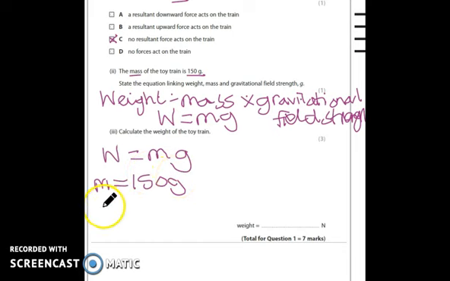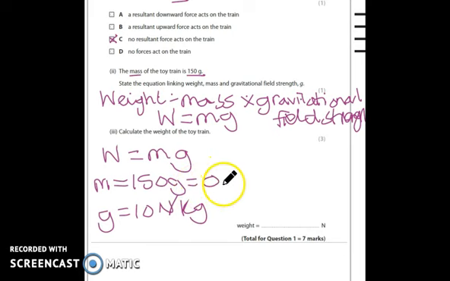And we know g to equal 10 newtons per kilogram, on Earth, remember. Using grams as the mass is not acceptable. You must change that into kilograms. So that is 0.15 kilograms.